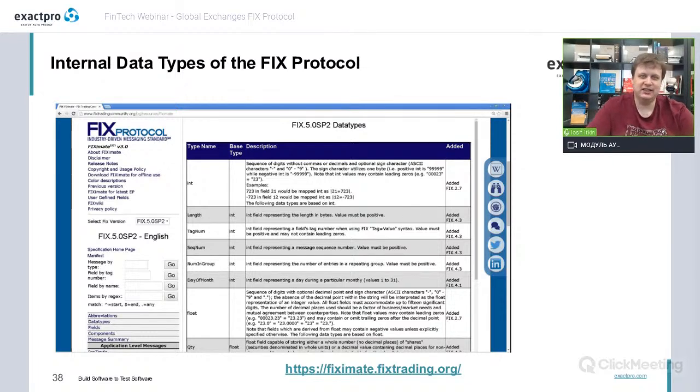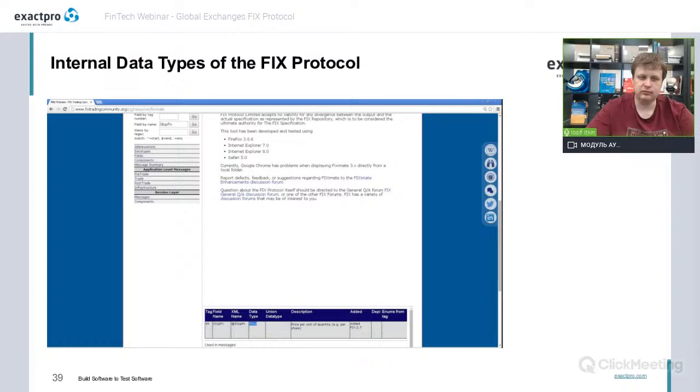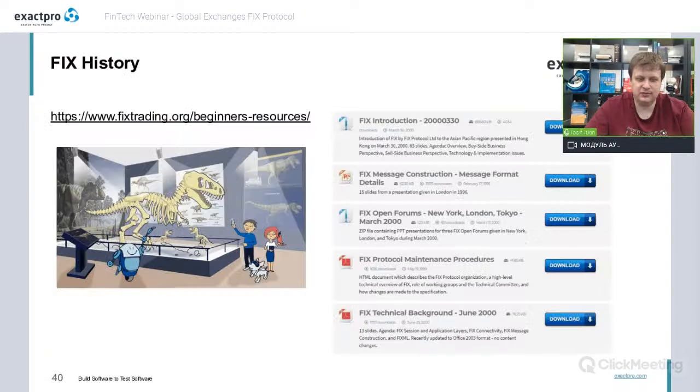Also, FIX is more than 20 years old, so there are different versions of the FIX protocol. You can have a look at specifics for different versions. And you can also look at different field types. They are also present in the tool.